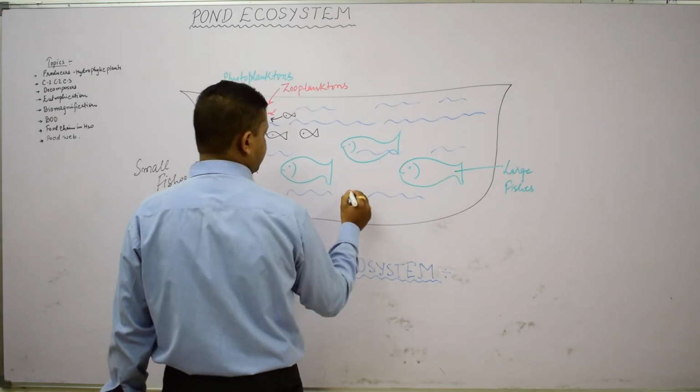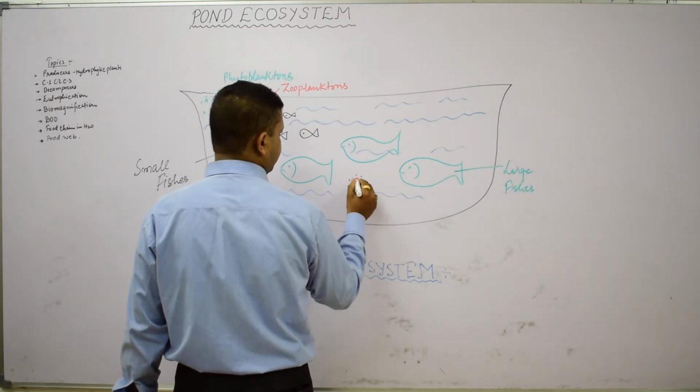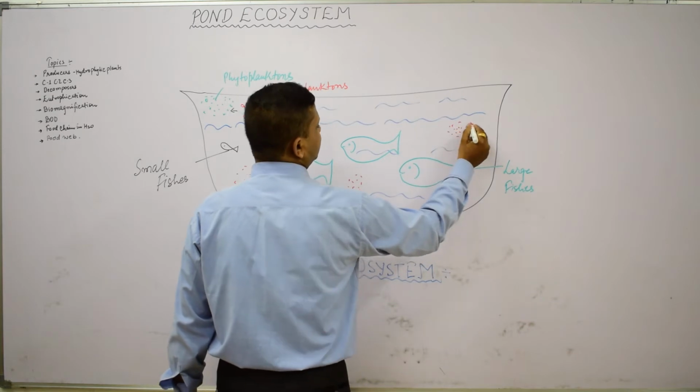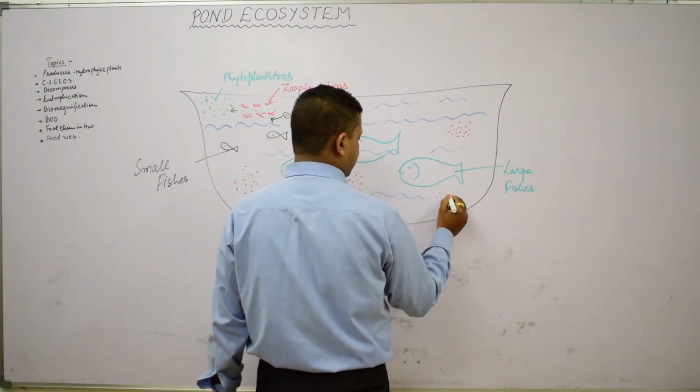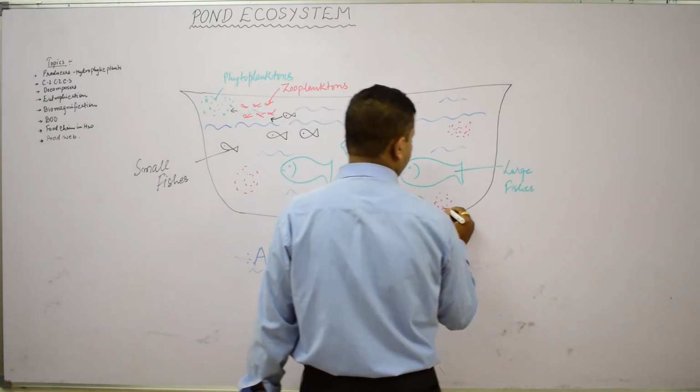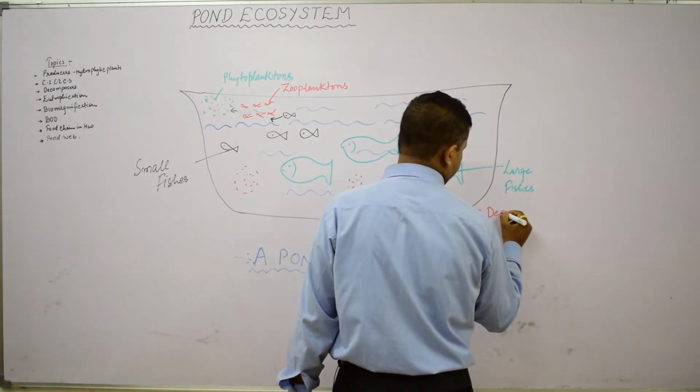These are the microorganisms, or the saprophytes, or we can say these are the decomposers which are found in the pond.